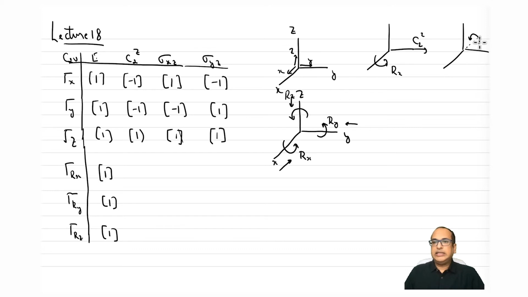The vector changes its direction. So if I'm looking from this side, I did not draw it correctly. Let me just draw it again. If I now draw it correctly, it would appear clockwise, right? This is the direction it will take if I do a C2Z rotation.